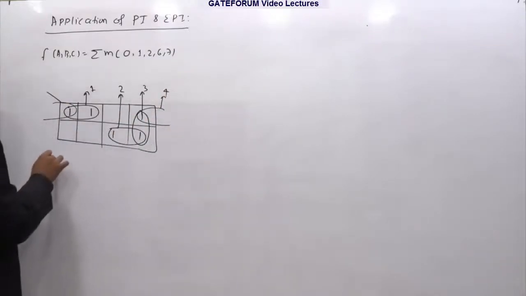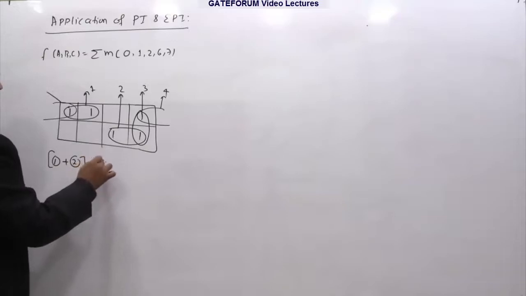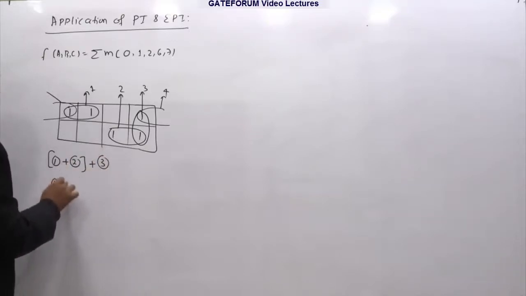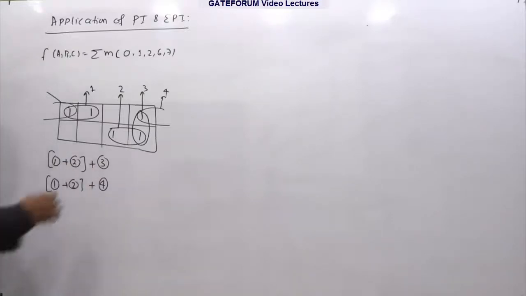Then the minimized expression will contain the terms corresponding to group number 1 and 2, which are EPI, along with 3, or in the second possibility, 1 and 2 are EPI and 4, which is again a PI. This is what we can do, right?